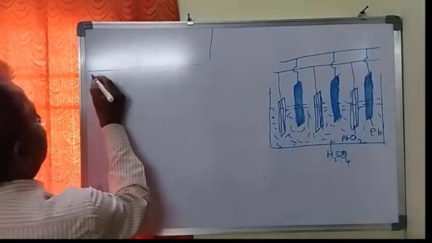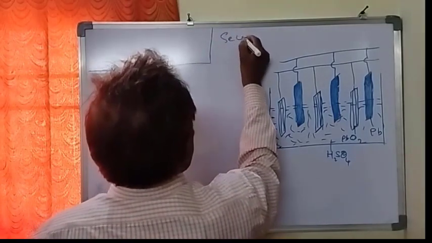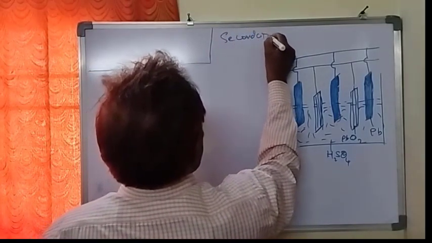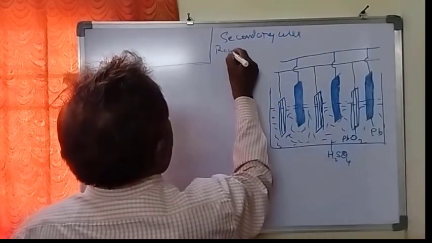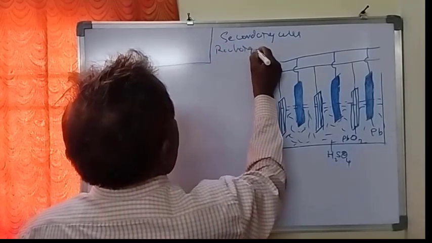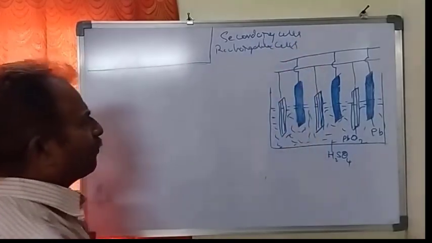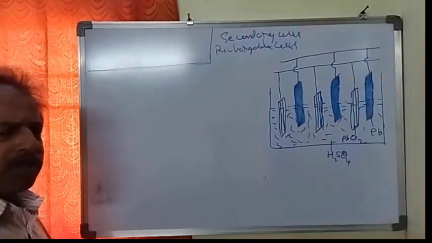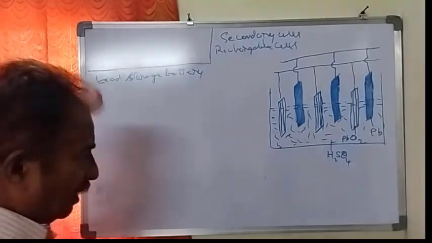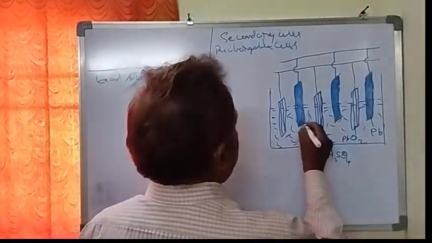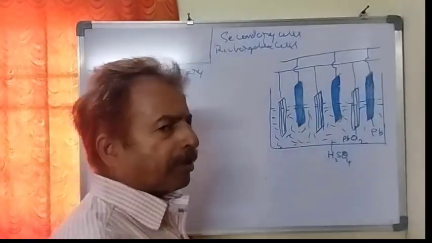Now let us discuss the secondary cells. Secondary cells means rechargeable cells. The most important cell is the lead storage battery. In this lead storage battery, these are the sheets which are darkened.